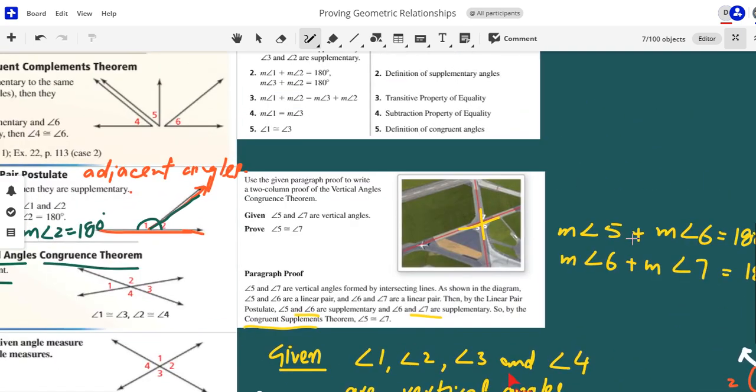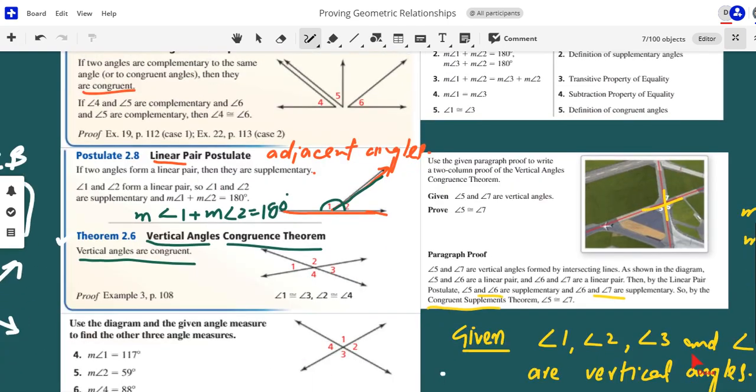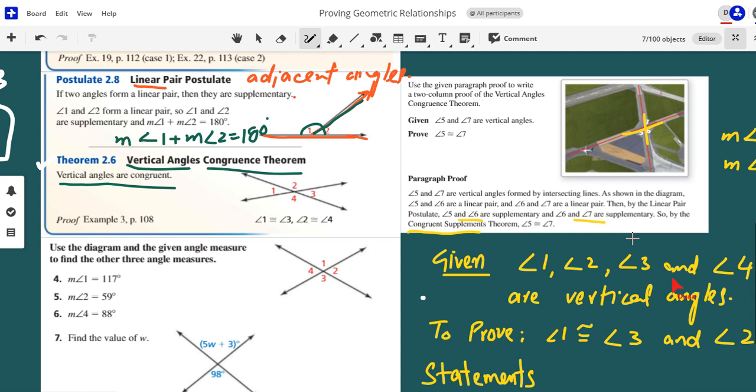You can recall it as congruent supplements: if two angles are supplementary to the same angle, or to congruent angles, they are congruent. Or we can even write that step and get the result. So this is a paragraph method.